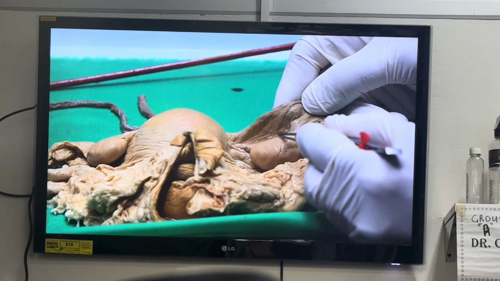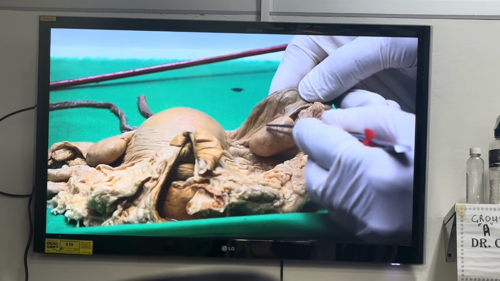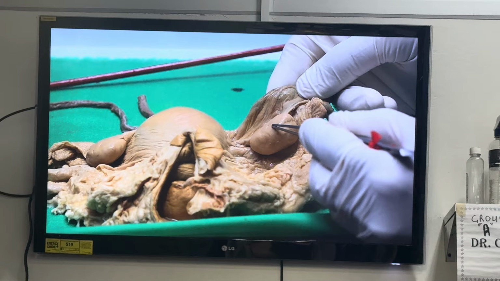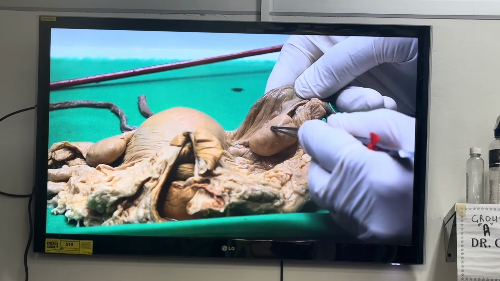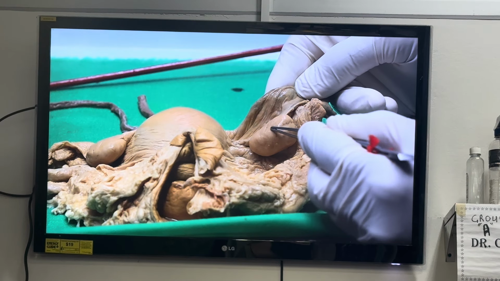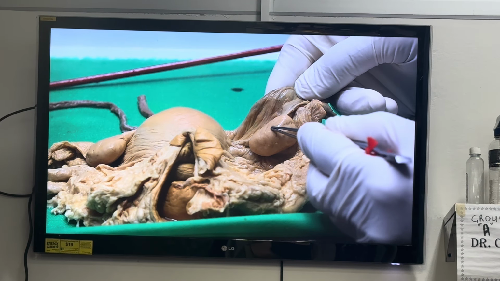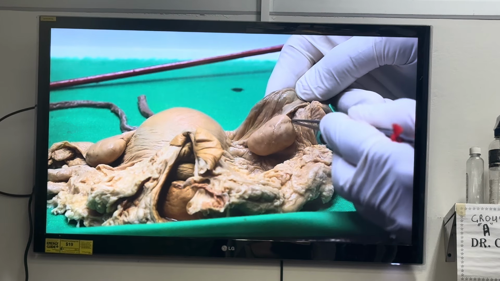So, what covers the ovary now, as I'm showing you there? Give Miss Campion a chance. We said it looks like peritoneum, but it's not.